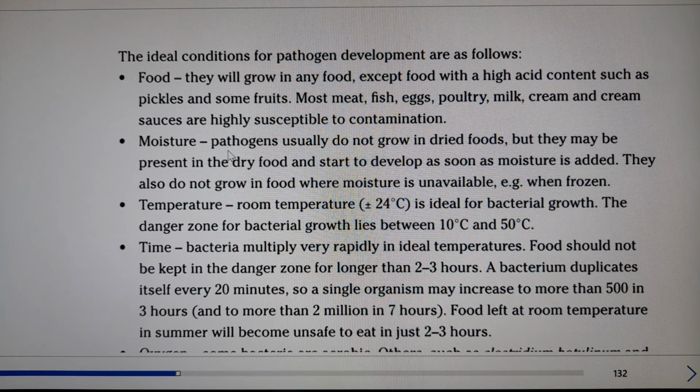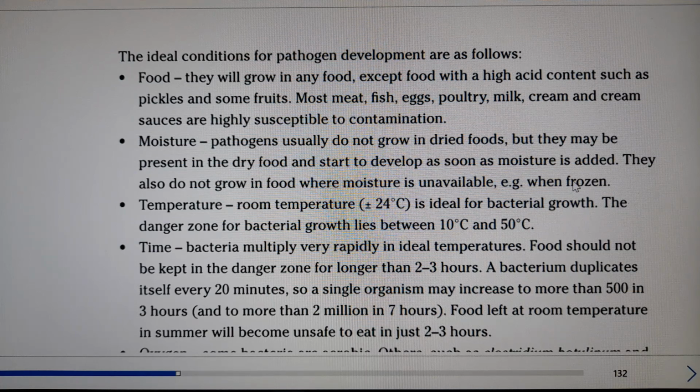In moisture, pathogens usually do not grow in dried fruits, but they may be present in dry fruit and start to develop as soon as moisture is added. They also do not grow in food when moisture is unavailable, e.g., when frozen.